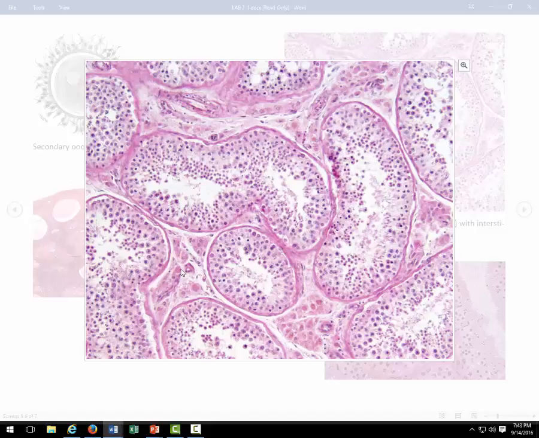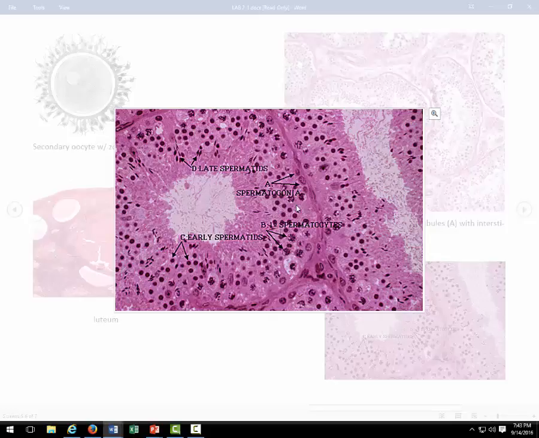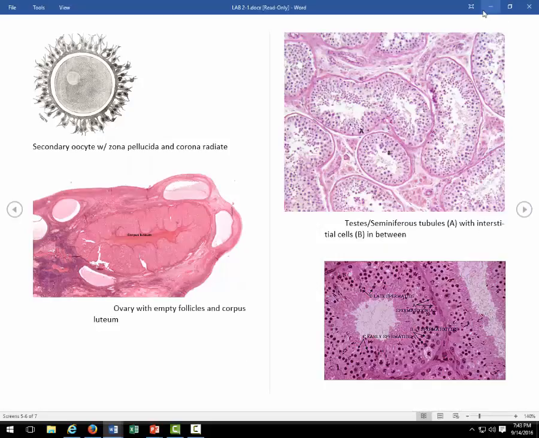And what do we call these cells in between the seminiferous tubules here? Say it louder. Interstitial cells, yes, interstitial cells. So here's another one that's been labeled for you, which is nice. You can use that for a study tool. This is all in that handout I attached.